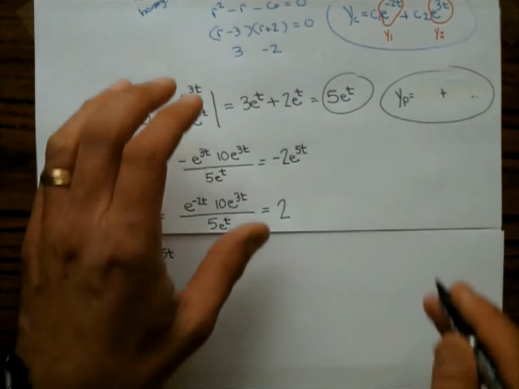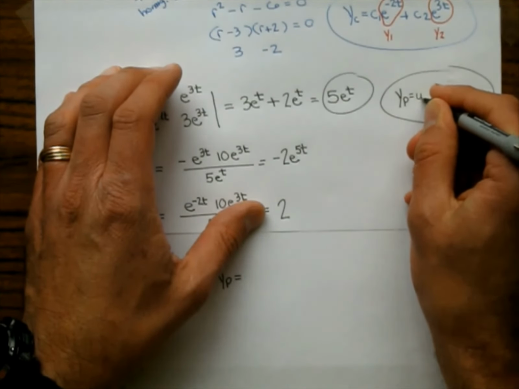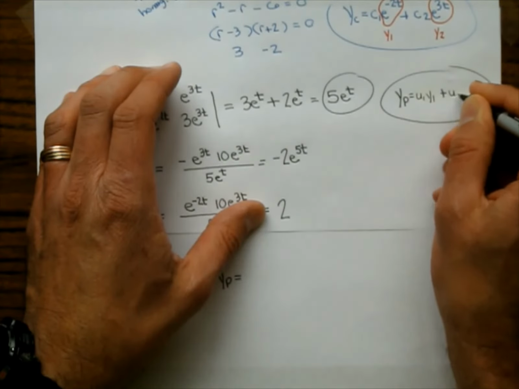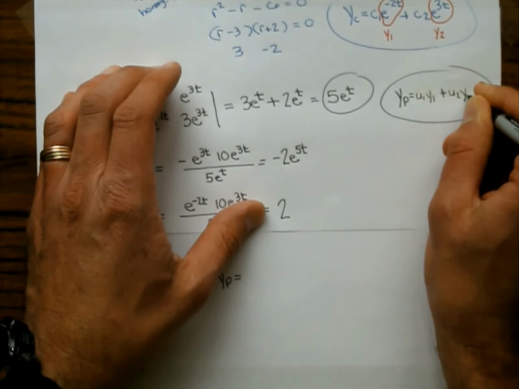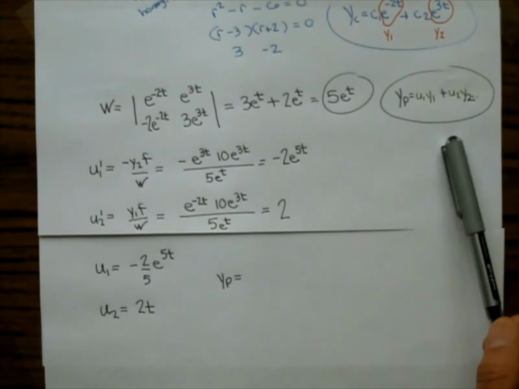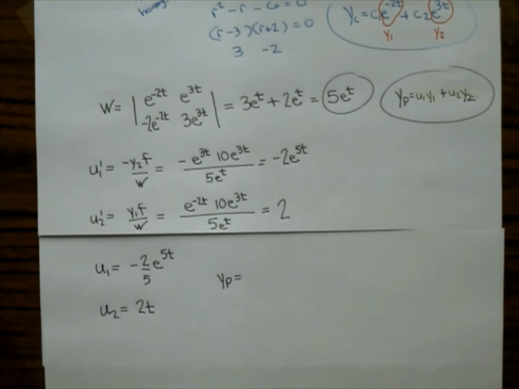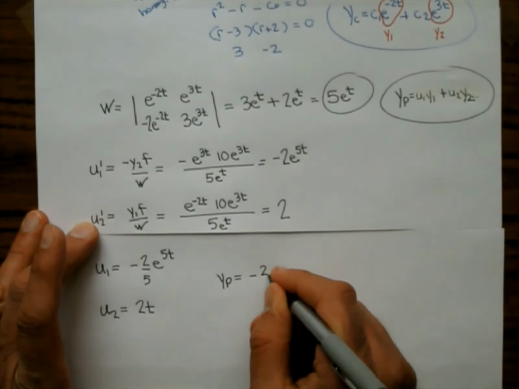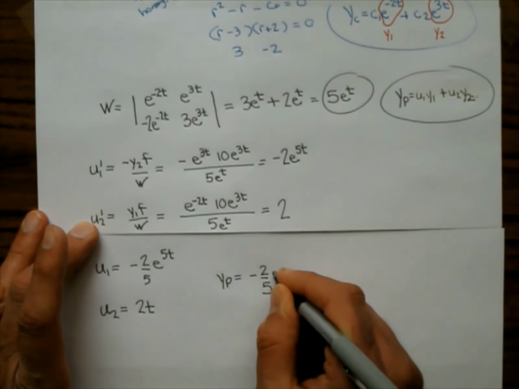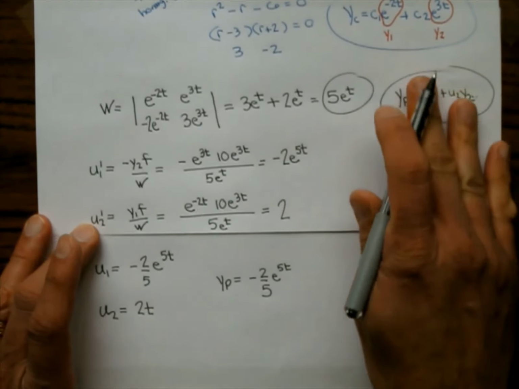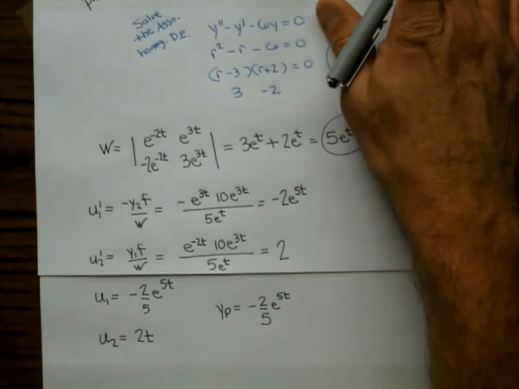Yp is actually u1 y1 plus u2 y2. Okay, that was silly of me to do. Yeah, that was going to get me in the end if I didn't catch that. I mean, hopefully I would catch that. So Yp is u1 y1. Let me move this down a little so we can see the y1.